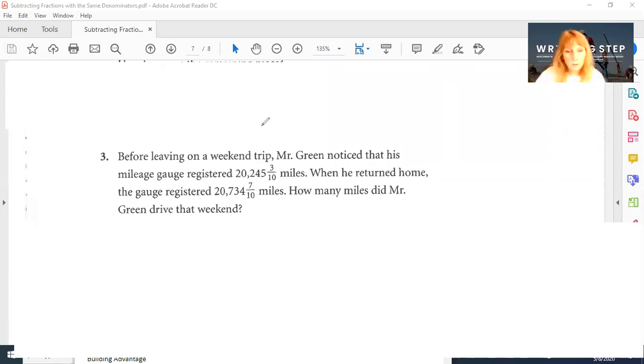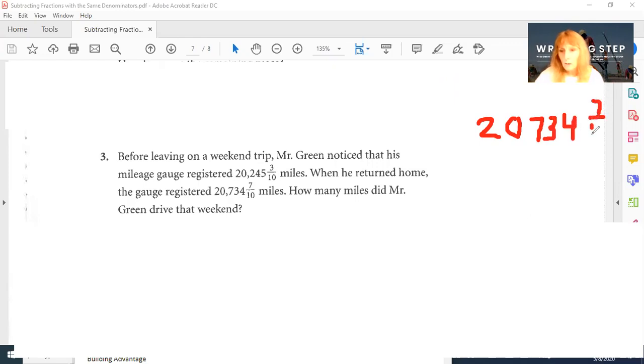So we are going to rewrite that. The bigger number is going to go on top because that's the ending mileage. So the bigger number is 20,734 and 7/10.